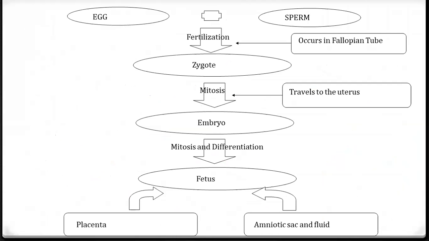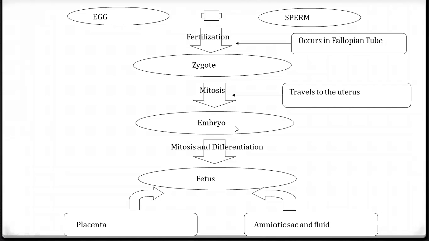Okay, so this I think is, you might need to flip ahead. So this just kind of explains what this diagram is. You have egg plus sperm. Fertilization occurs in the fallopian tube. You produce the zygote. The zygote undergoes mitosis.